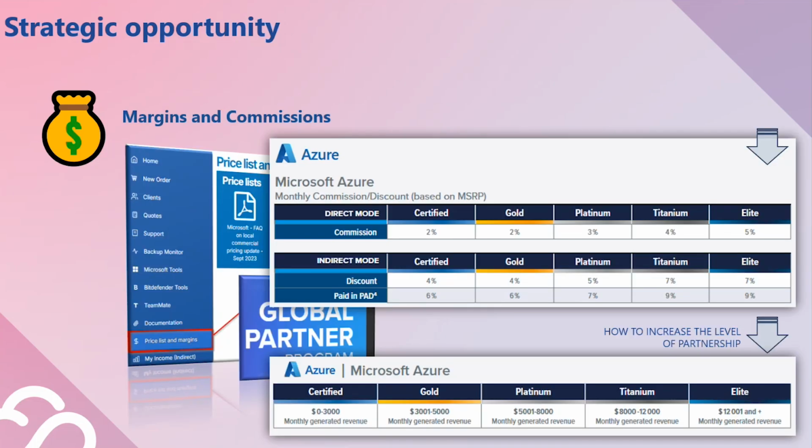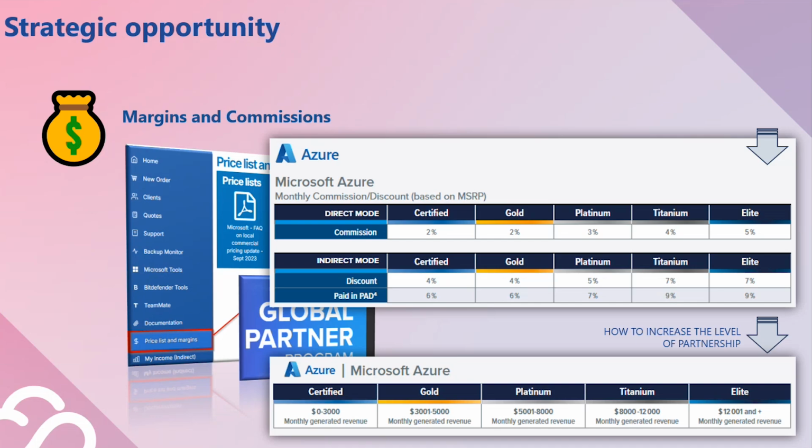Question about margin and commission from our plan. Most resellers want to know what the percentage of margin and revenue would be. So it's simple for you. Go into your IT Cloud Partner Portal, log in, click on the price list and margin on the left, and click on the file associated with the GPP, pardon me, the Global Partner Program, and you will see what your monthly commission on Azure would be.